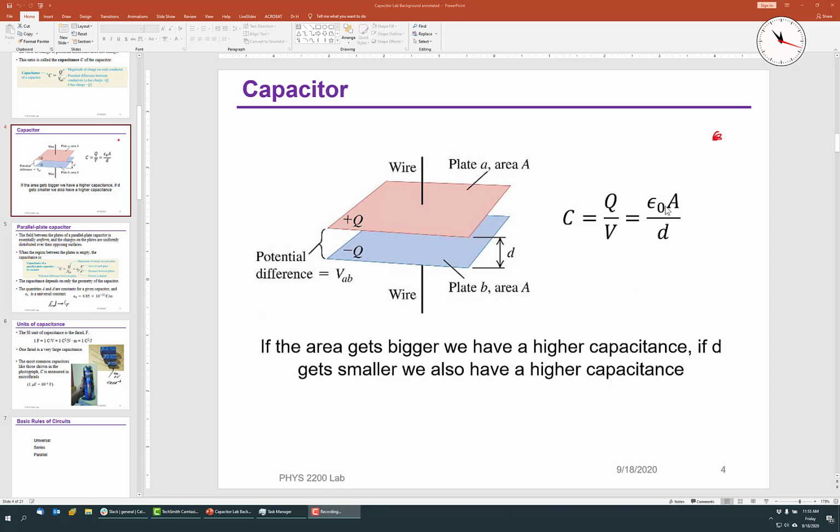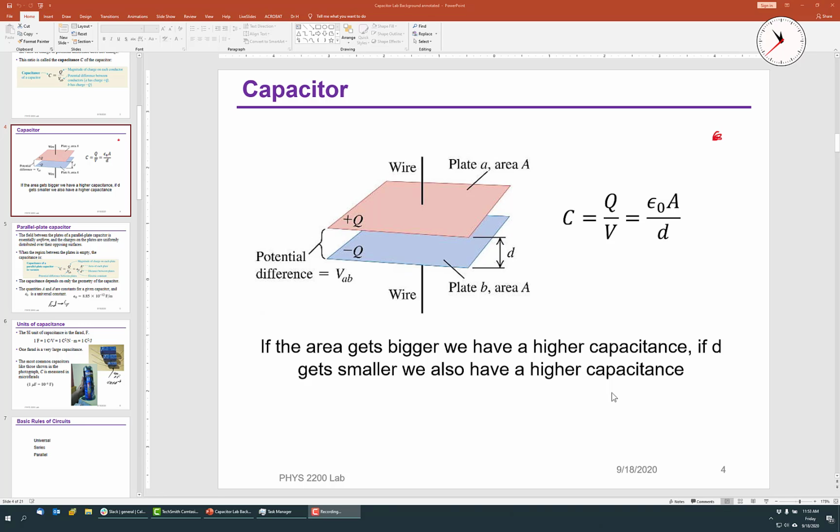You see, if we make the area bigger, we can get more Q in there. If we make the distance between them smaller, then that would change the electric field, which is expressed as volts per meter. And you see the volts here.